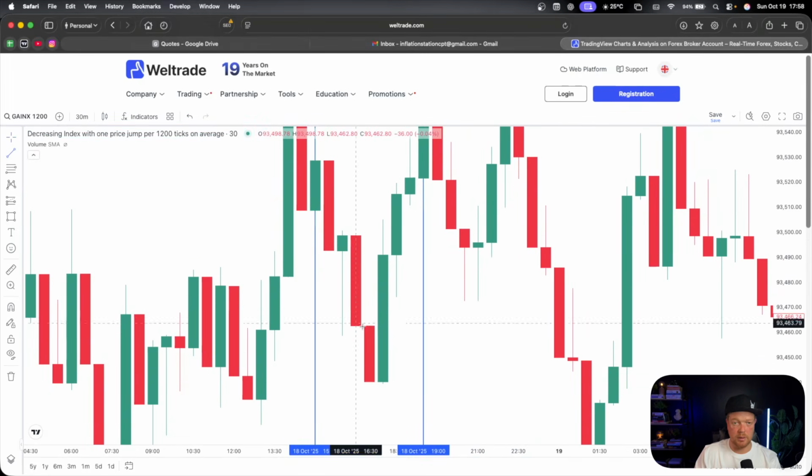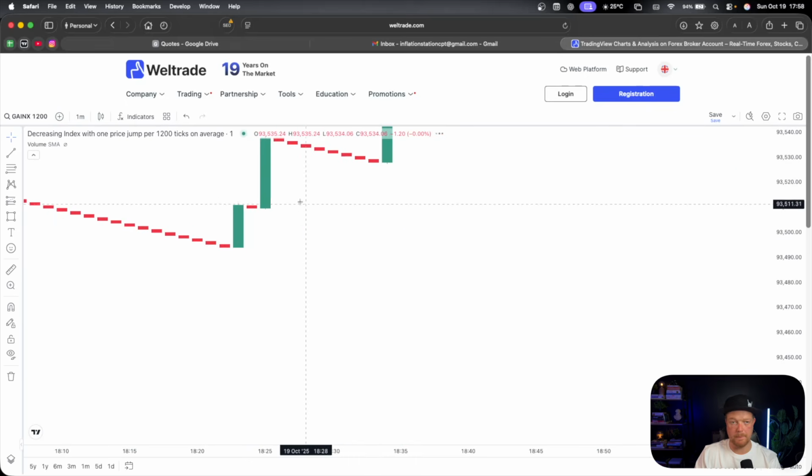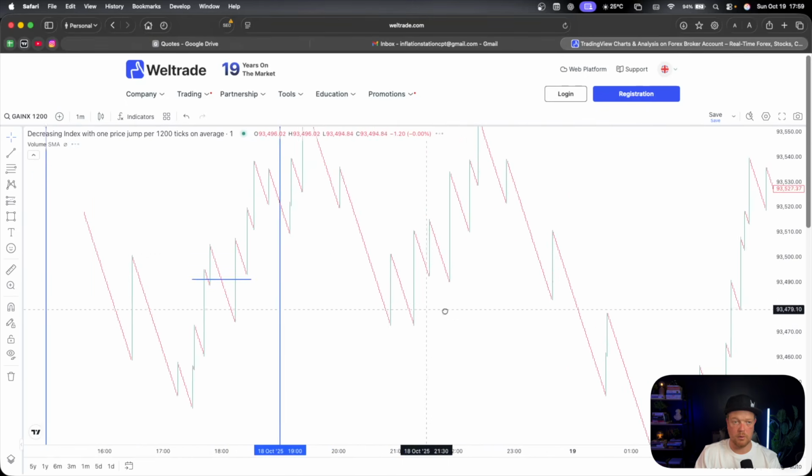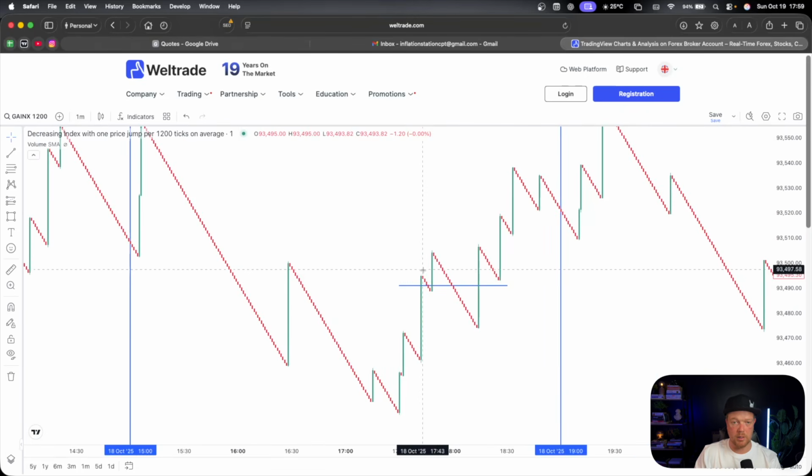Let's mark out this bullish candle right over there. Okay. There we go. Let's go back to the 1 minute. There we go. So here we got that break.